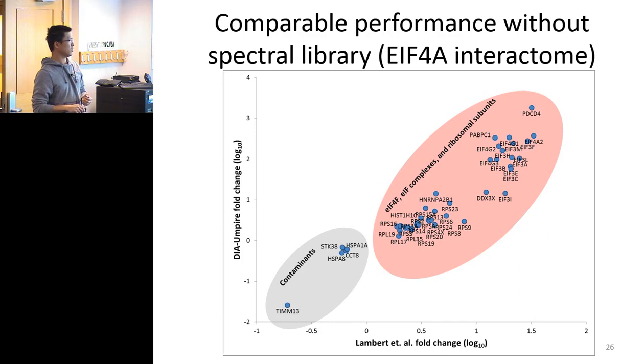In their paper they say these are the proteins, and there has been a lot of annotation in UniProt and different databases showing that those are the interactors for EIF4A2. So here these are the true interactors, and these are contaminants. We can see that using DIA-Umpire we can get a similar fold change, the quantification value result, without using a spectral library.